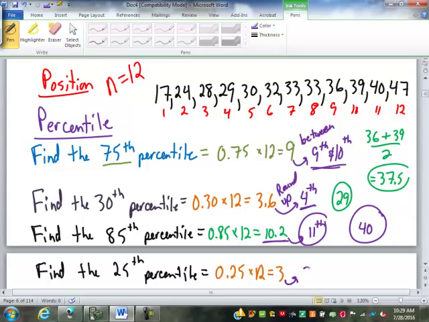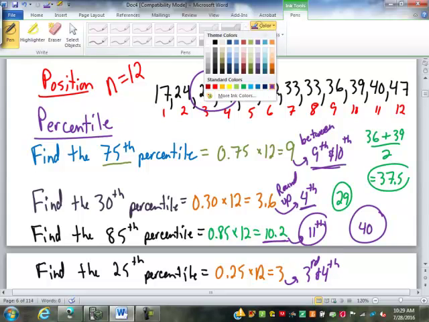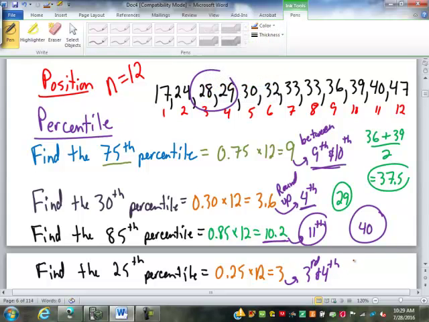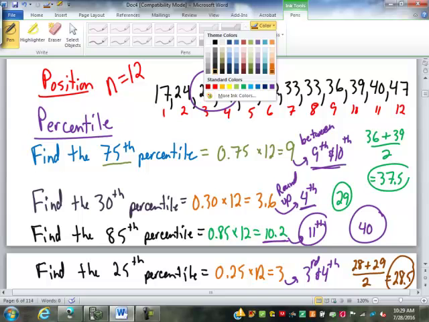It's between the 3rd and 4th. So it's between 28 and 29. 28 plus 29 divided by 2 is 28.5. Any questions on that part of it?